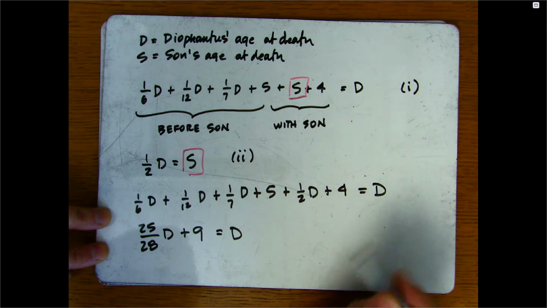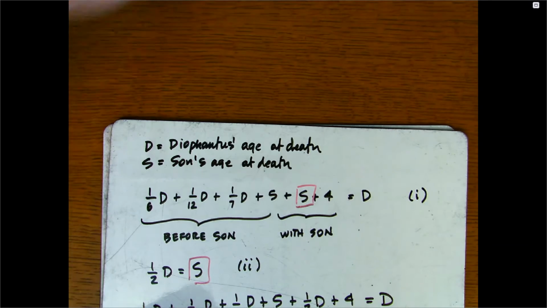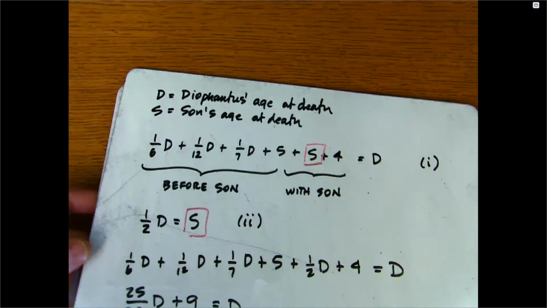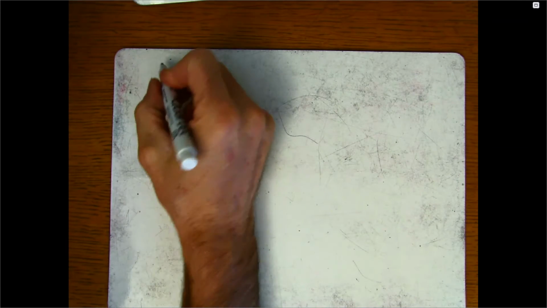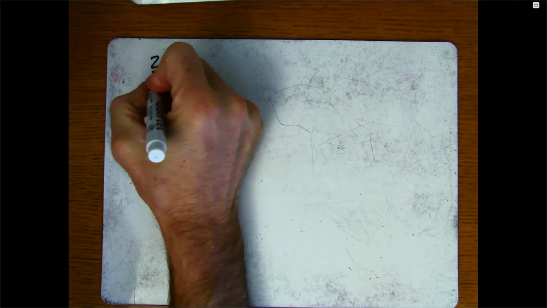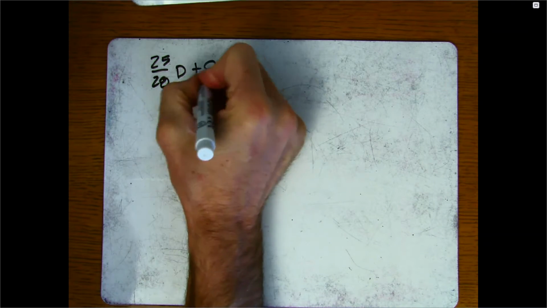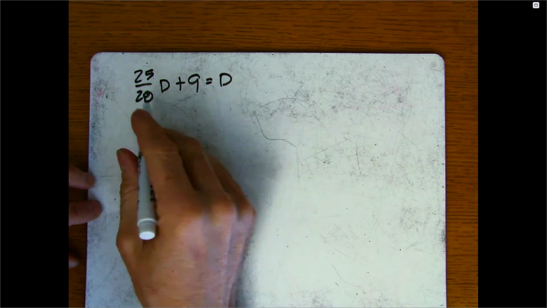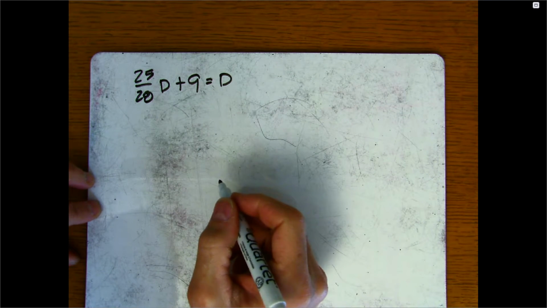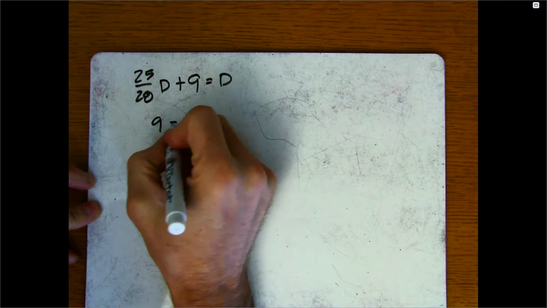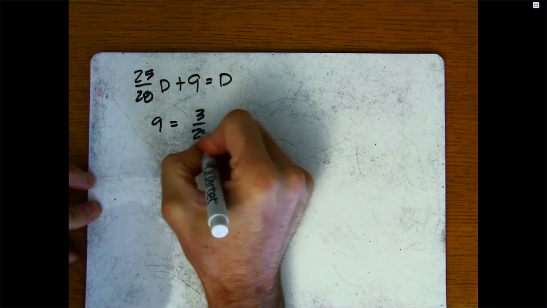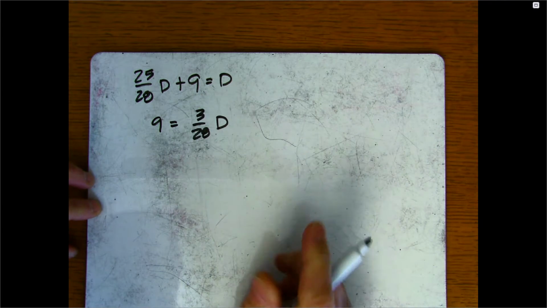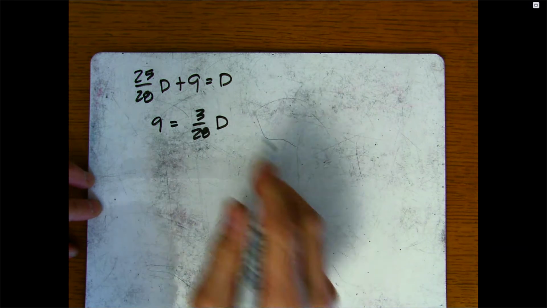And so we're at that stage. So 25/28ths D plus 9 is equal to D. So I would probably subtract the 25/28ths D from both sides and get 9 equal to 3/28ths D, and then go ahead and solve for D by multiplying by 28 and dividing by 3.